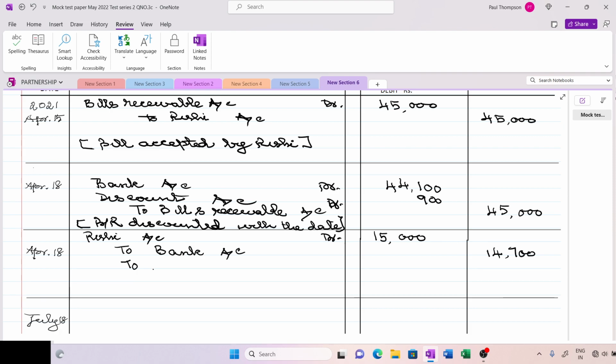So to discount account 300. One third amount remitted to Rishi.